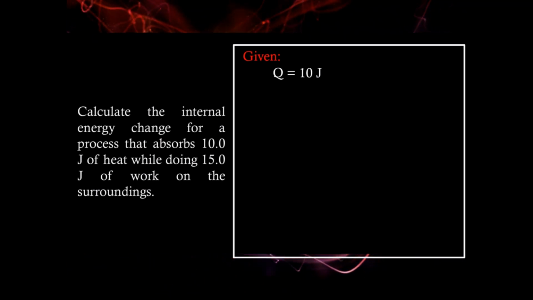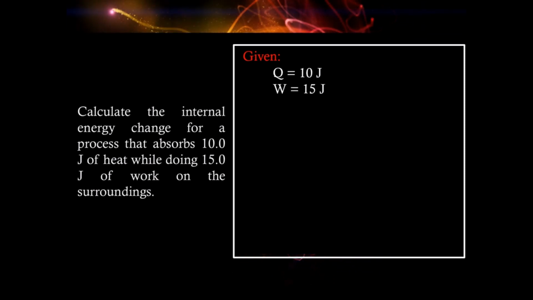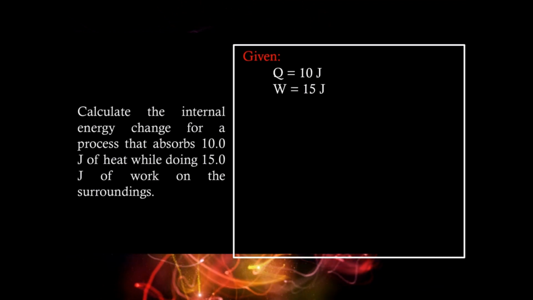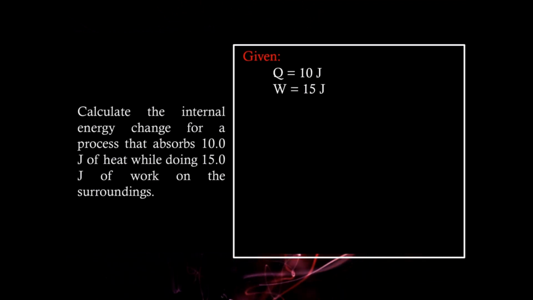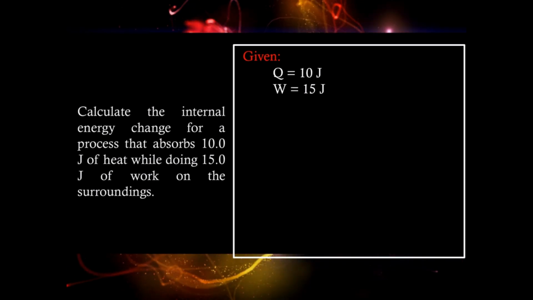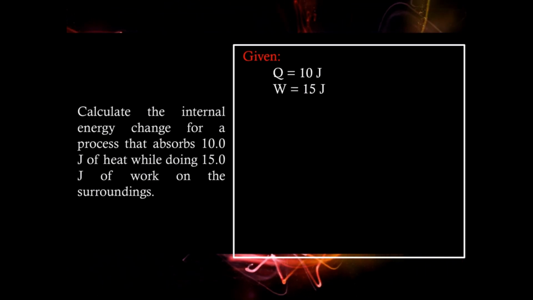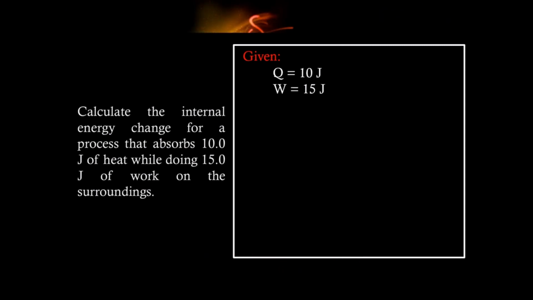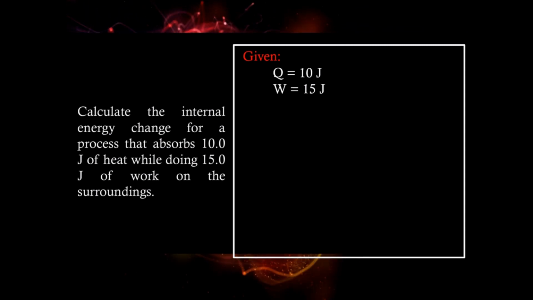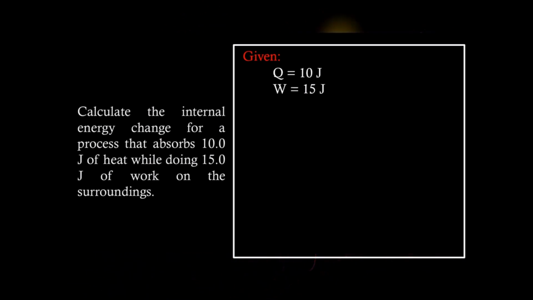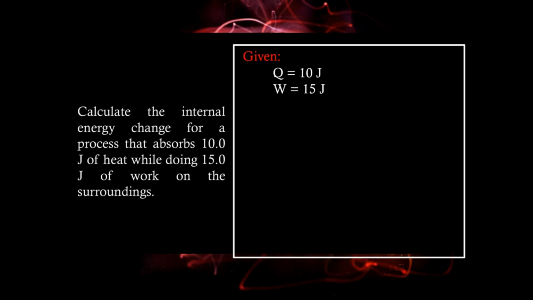Then we have 15 joules of work that is done on the surroundings. Notice what the problem is saying. It says that the work is being done on the surroundings, which means it must be done by the system. So that is why work is positive 15 joules. And remember, anything that is done by the system on the surroundings is positive.